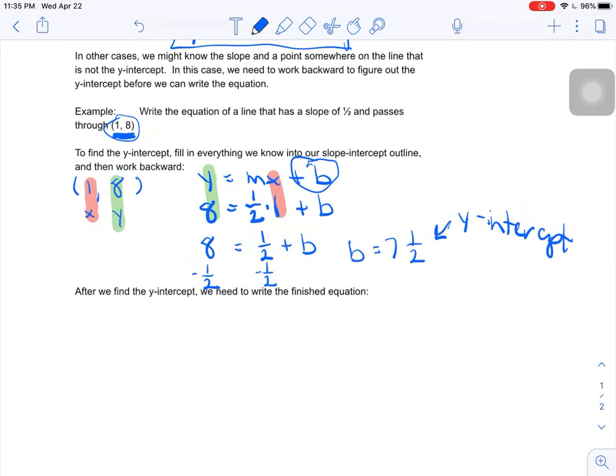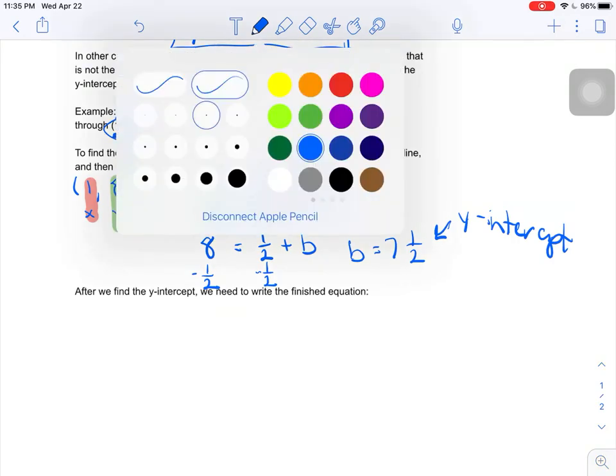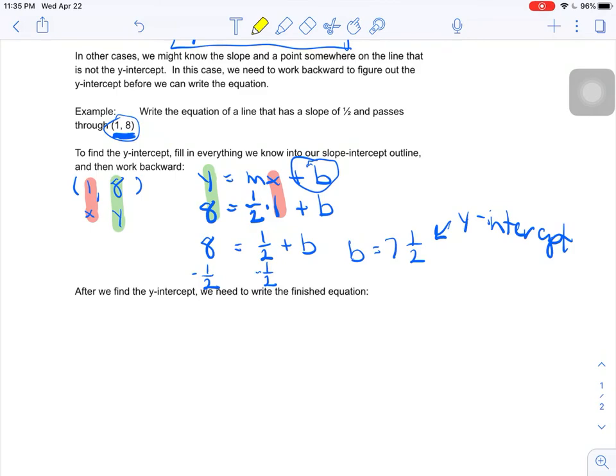And then the last step. Remember, we went through all this work to figure out the y-intercept, but we haven't actually written the finished equation yet. So now that we know what the y-intercept is, we have to go back. We already knew that the slope was 1/2, and we just figured out that the y-intercept is 7.5.